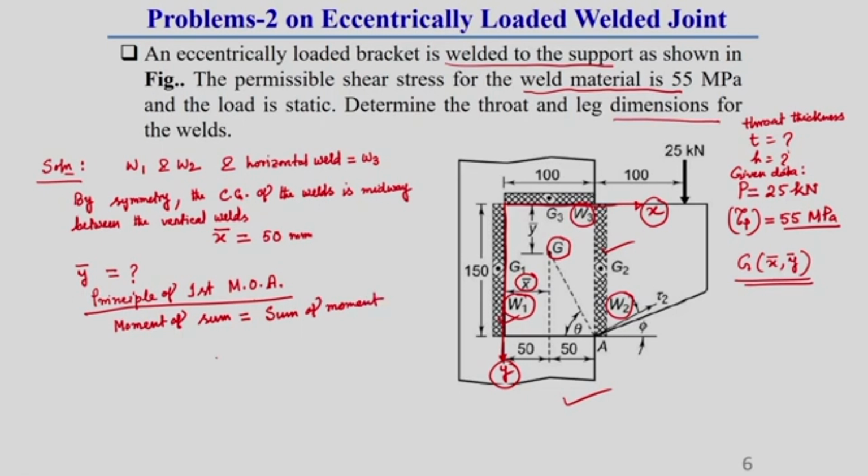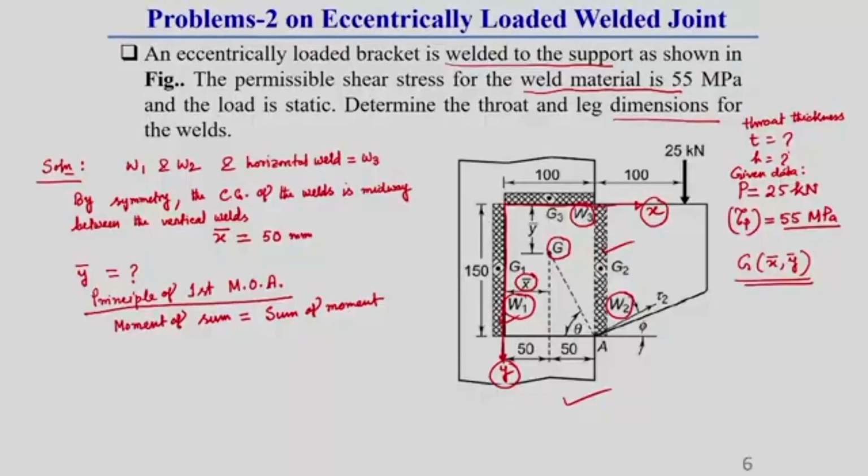This is the principle of first moment of area, and generally we can use this type of principle. Moment of sum means moment of the whole weld, which we consider here. For finding y bar, we have to take moment with respect to the x axis, considering the weld has unit length. Initially we are neglecting the throat thickness in comparison with the length of the weld.